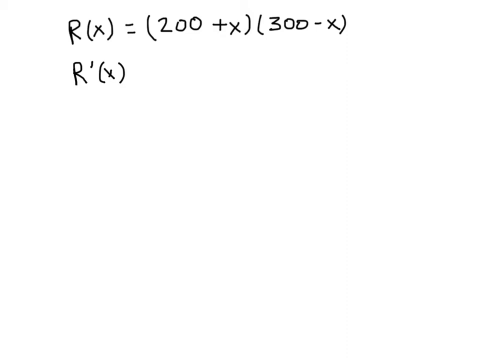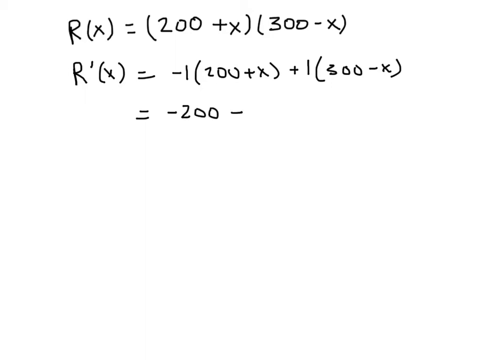The derivative of 300 minus X is negative 1, and that's going to be multiplied by 200 plus X. And the derivative of 200 plus X is 1, and that's going to be multiplied by 300 minus X. If we simplify this, we end up with negative 200 minus X plus 300 minus X. And I think that's a grand total of 100 minus 2X. So this is our derivative.